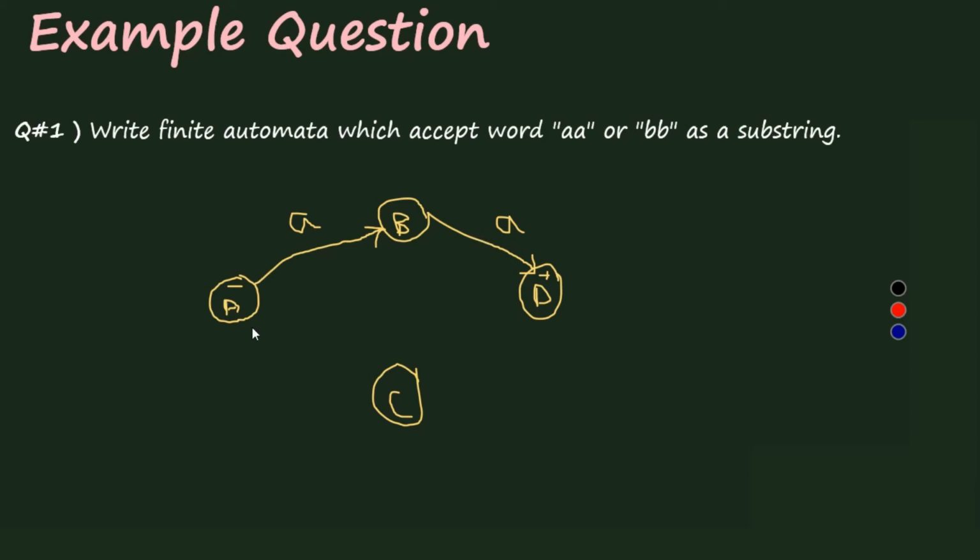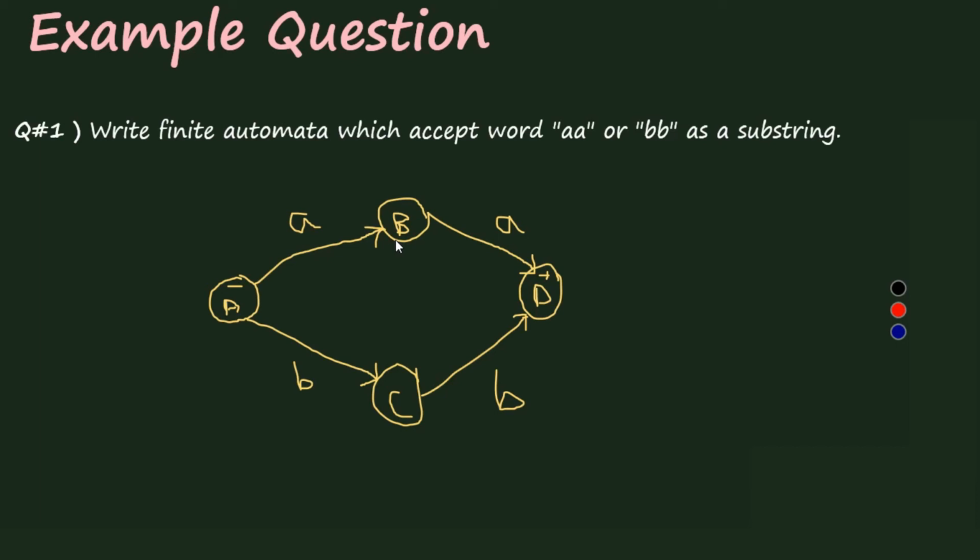Okay, if we pass B from state A, it will go to C, and if we pass B on state C, it goes to state D. Double A or double B is acceptable.